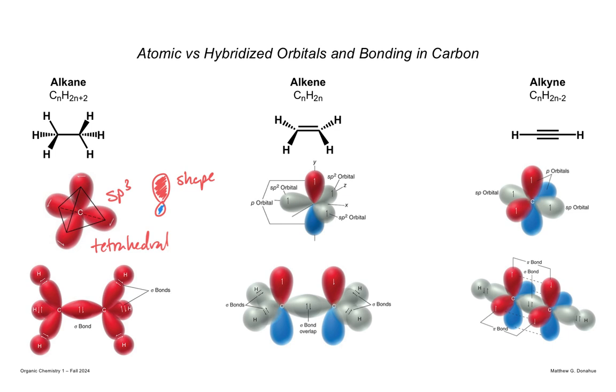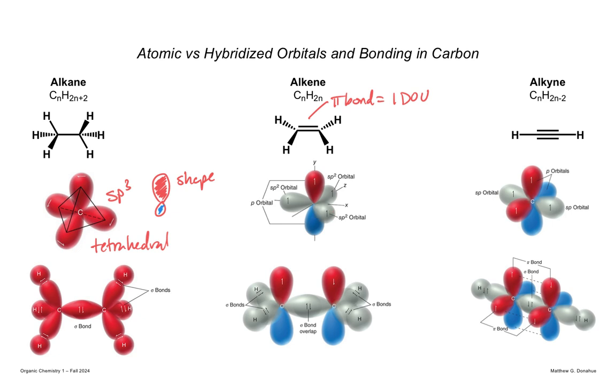So now the alkene has a degree of unsaturation, that's the pi bond. So you have that p orbital on this y-axis that's left alone.